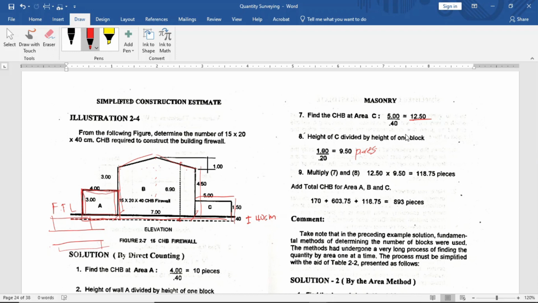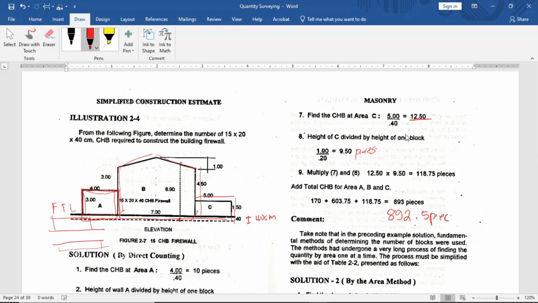So 170 plus 603.75 plus 118.75 is equal to 892.5 pieces.